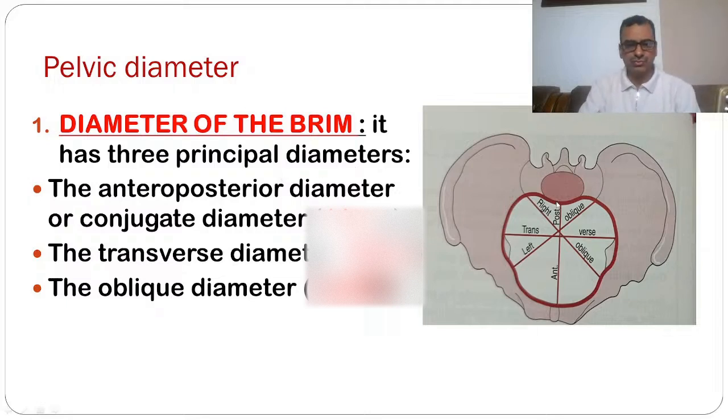What are those? Antero-posterior, also known as the conjugate diameter, this one. Then two oblique diameters, and one transverse diameter. In gynecoid pelvis, the transverse diameter of the pelvic brim is longest.